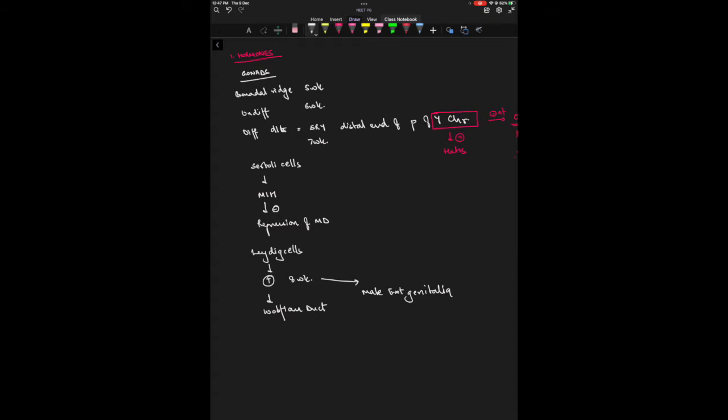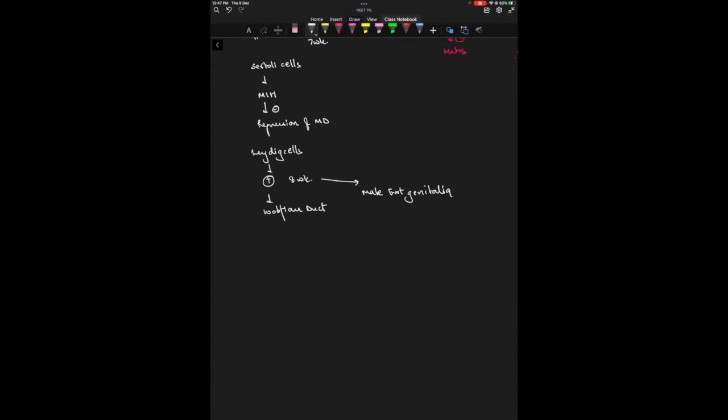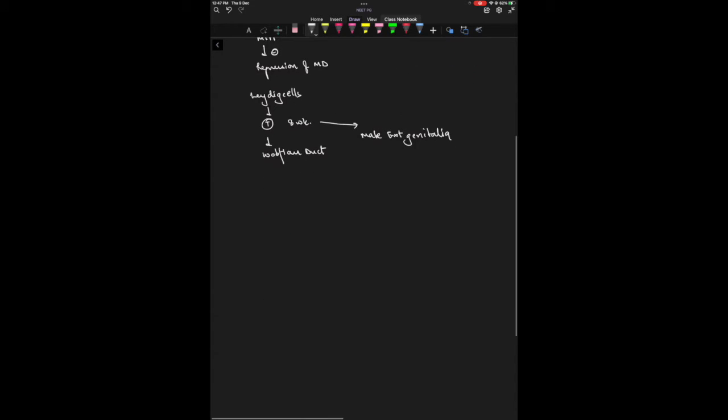Then, talking ahead, let us start with the development of internal genitalia. Right. So, starting with the development of internal genitalia in female, it comprises of fallopian tube, uterus, and vagina. Remember, very importantly, that it is the upper one third of the vagina that is formed by the Mullerian duct.